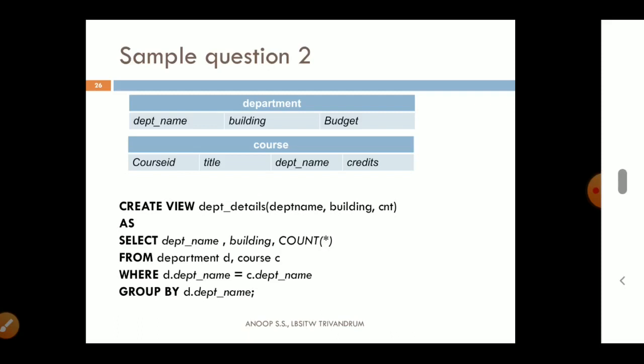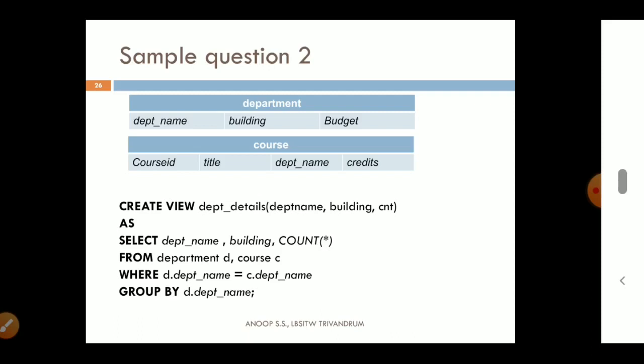You can also write D dot department name comma building, otherwise it may cause some error. We need to mention all the other attributes in the group by clause when we are using an aggregate function and group by. So in the group by clause we need to include D dot department name comma building.